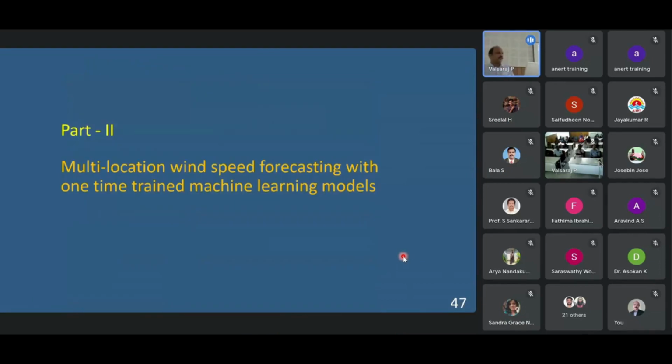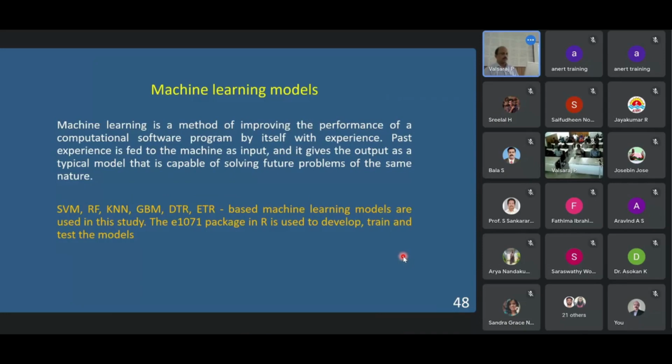Now in part 2, I was trying to find a computationally friendly method for wind forecasting using machine learning. Machine learning, as you all know, is where the computational program learns by itself and improves from previous data.